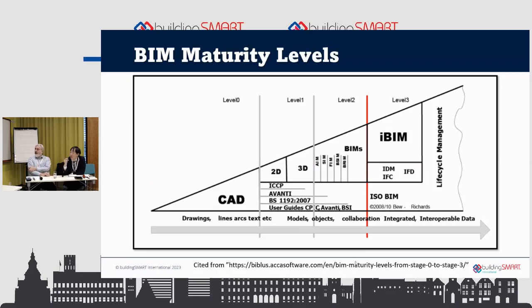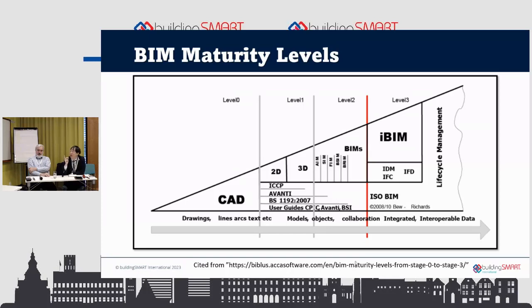It's from Akka software. From the left-hand side, CAD comes first, and level 0 BIM means moving from paper to electronic, managing documents. The next, level 1, is 2D and 3D, but not BIM. The next one is level 2, and there come the BIMs.